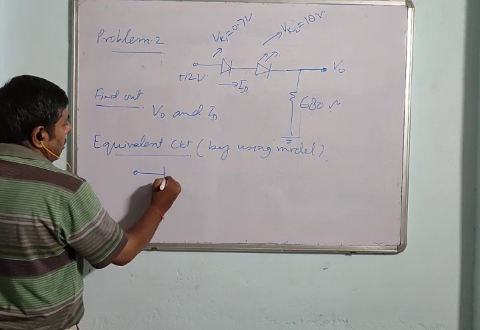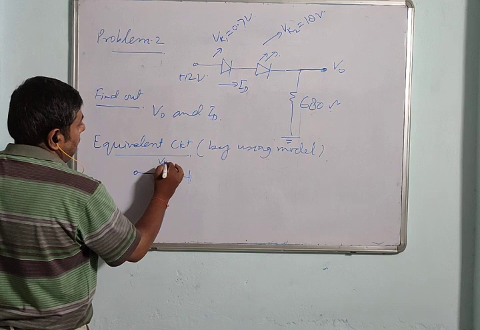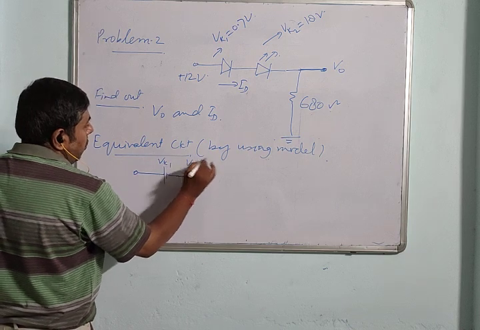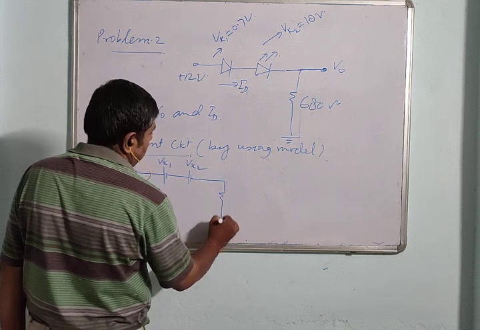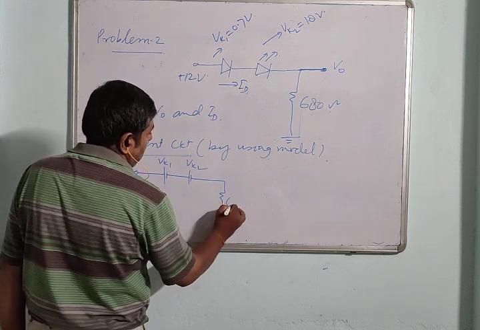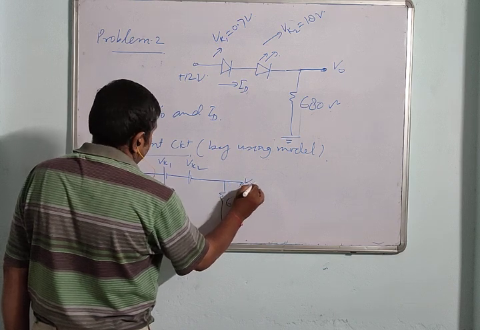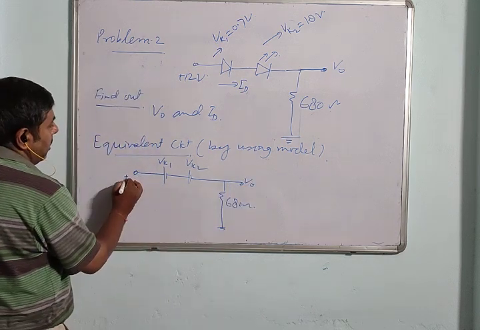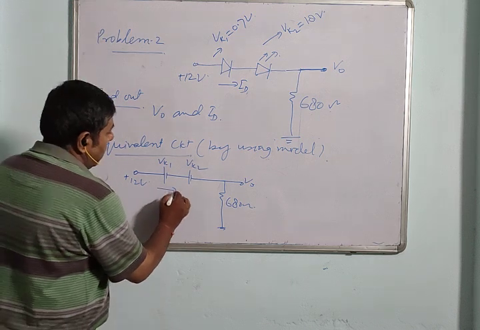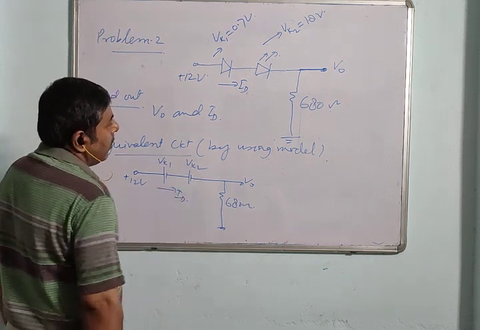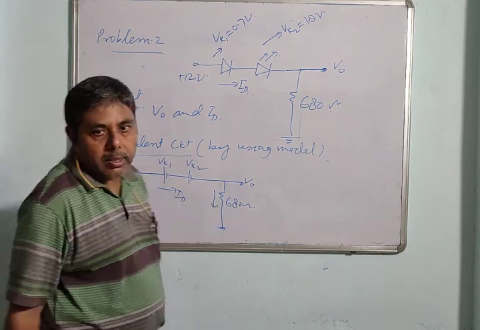You can use two batteries, VK1 and VK2, and one resistance of 680 ohms. This is the supply 12 volt. Current here is ID. The same current is flowing through this resistance.